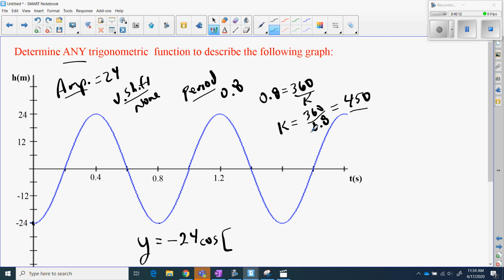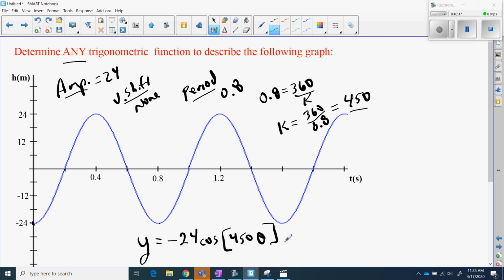My K value is 450. What did I have for phase shift? Oh yeah, we said there'd be none, so it's just theta. Some people put the plus 0, they don't need it. So there is no phase shift, and there was no vertical translation. There you go. That function would describe this graph.